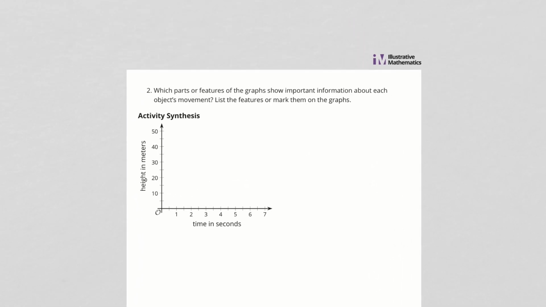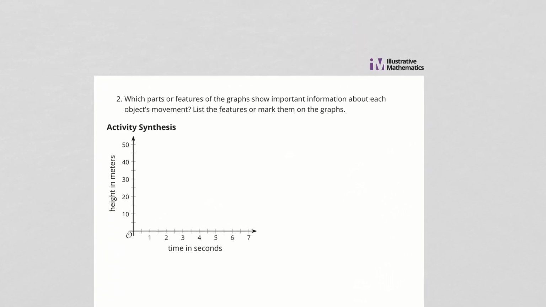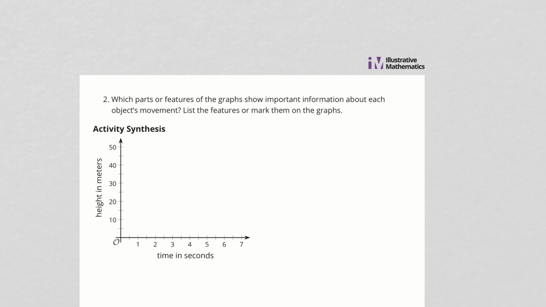So, which parts or features of the graph show important information about each object's movement? If we look at your guys' graph, which you don't have, I don't think, this extra graph on here that I have from the activity synthesis.